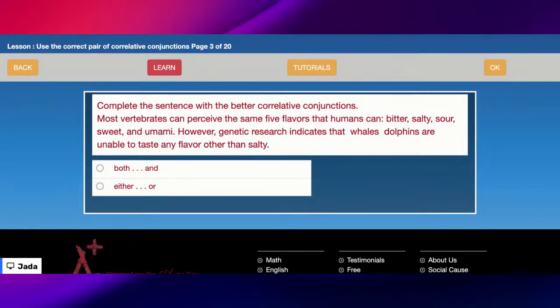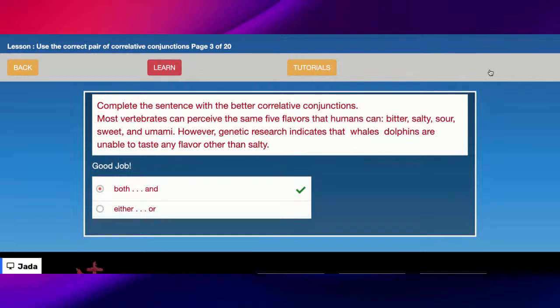So both and or either or. What's the right answer here? Is it either or, or both and? So what's the best first option again? Good. So both whales and dolphins are unable to taste any flavor other than salty.